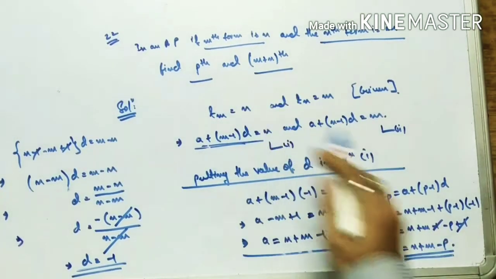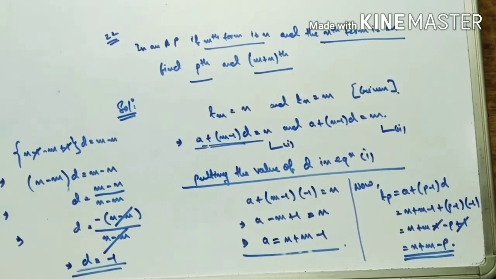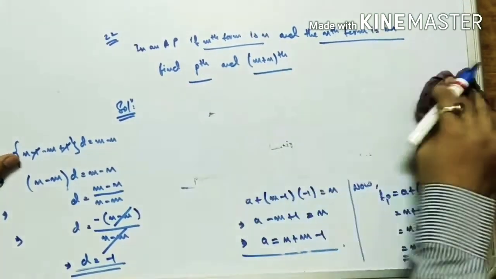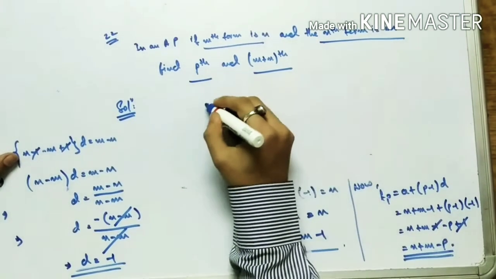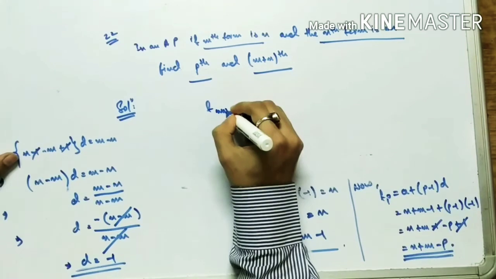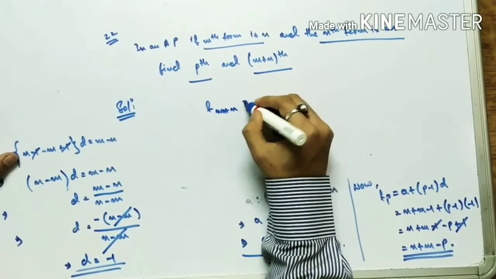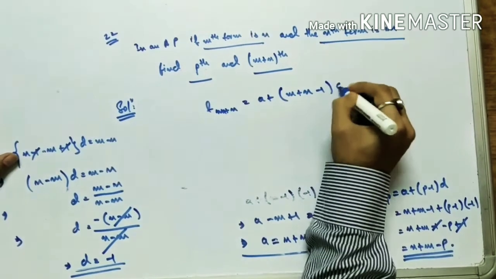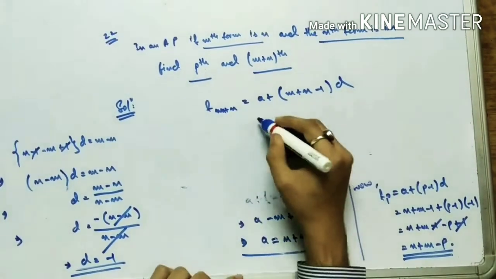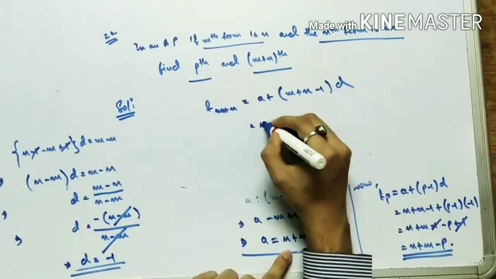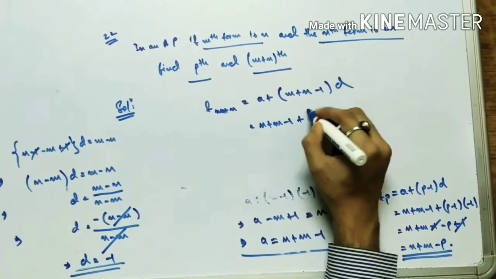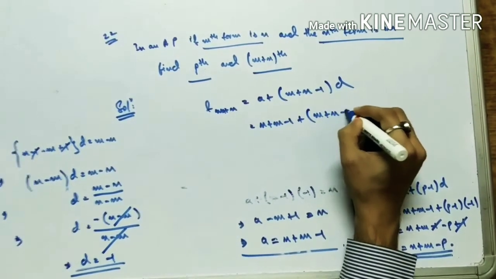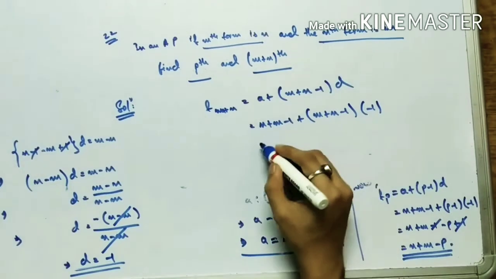Now I will have to find the (m plus n)th term. So t(m+n) is equal to a plus (m plus n minus 1)d. The a value I have got is n plus m minus 1, plus (m plus n minus 1), and the d value is negative 1.